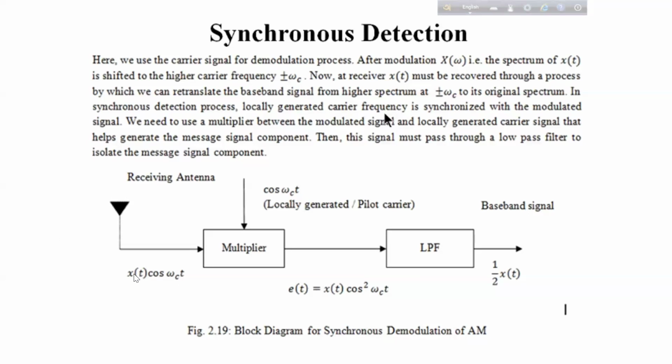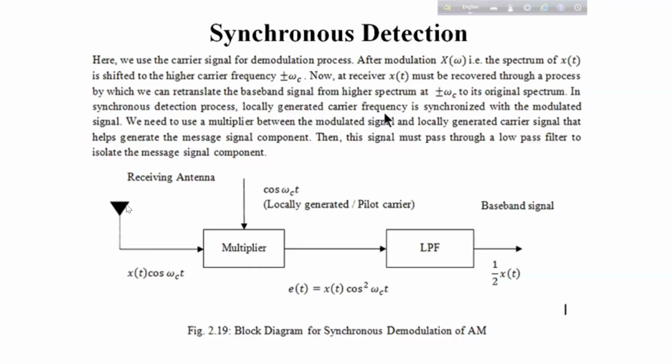We send this modulated signal to a multiplier, and at the other input terminal of the multiplier, we send the carrier signal cos omega_c t. This cos omega_c t can be locally generated, or it can be a pilot carrier. Pilot carrier means we send the carrier signal along with the modulated signal.